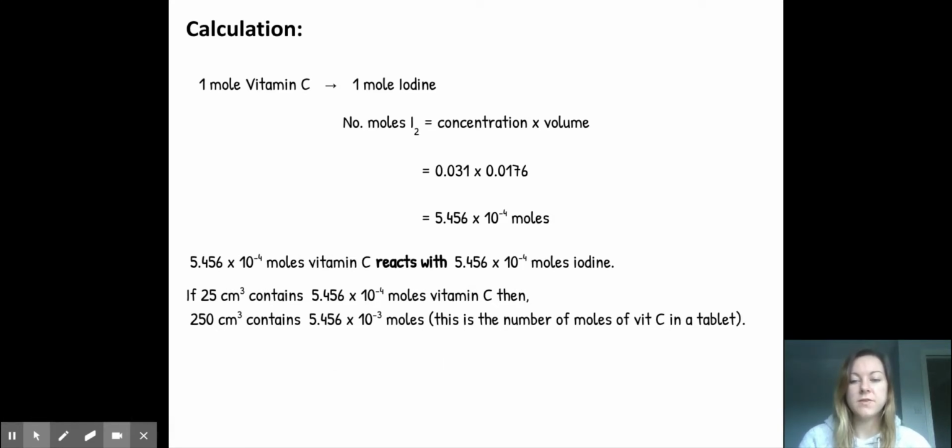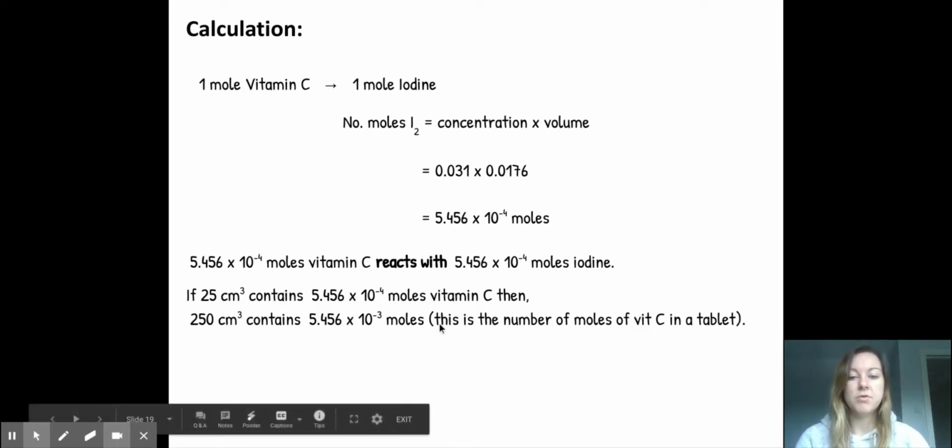So if the 25 centimetres cubed that we titrated contains 5.456 times 10 to the negative 4 moles of vitamin C, then the 250 centimetre cubed solution, our standard solution that we made up, contains 10 times that much, which is 5.456 times 10 to the negative 3 moles.